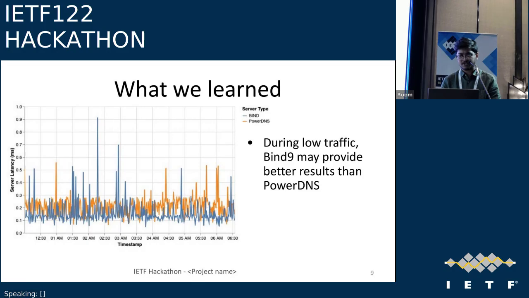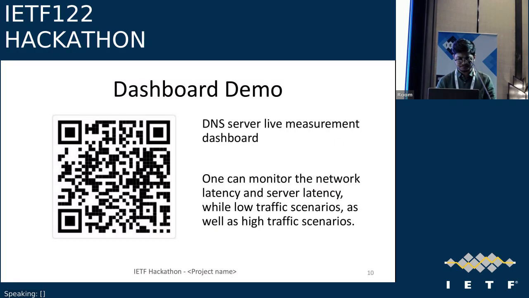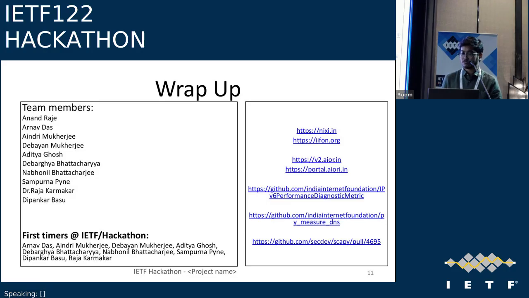But in this case, when there are not a lot of DNS packets, BIND gives slightly better results. There's a dashboard that shows in real time the performance of both the network and these DNS servers, NS2, NS3, and NS4 for testprotocol.in. That's it. These are all the team members that contributed to this project, and that's all. Thank you, everyone.